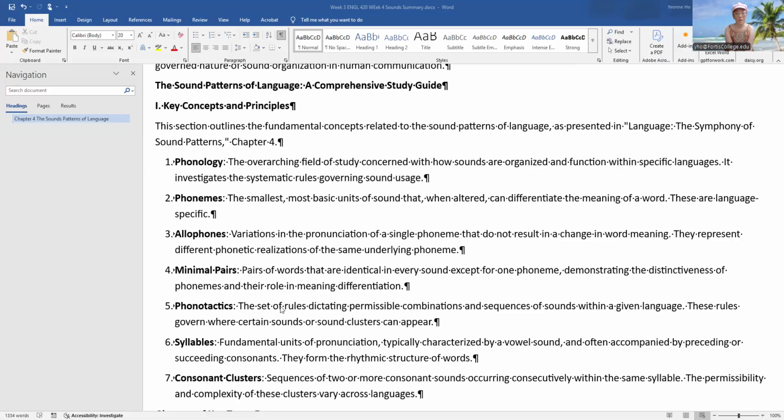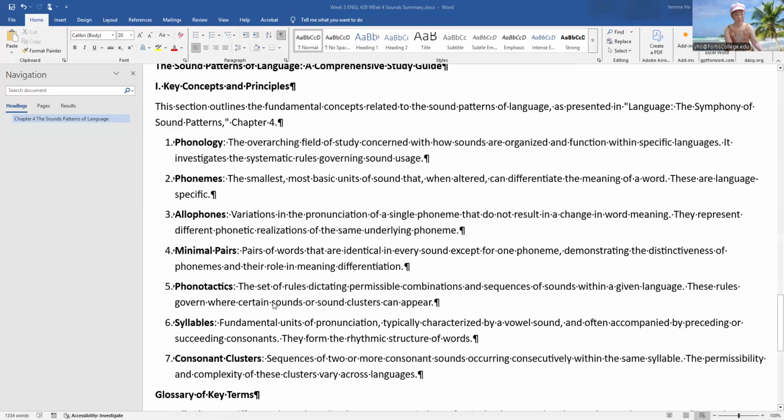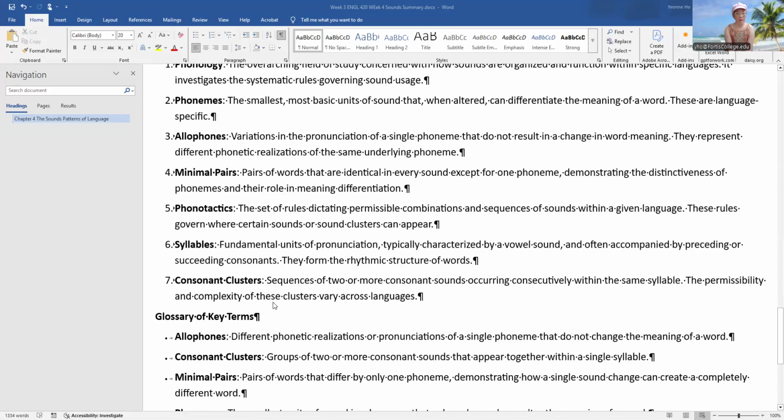They form the rhythmic structure of words. Consonant clusters: sequences of 2 or more consonant sounds occurring consecutively within the same syllable. The permissibility and complexity of these clusters vary across languages.